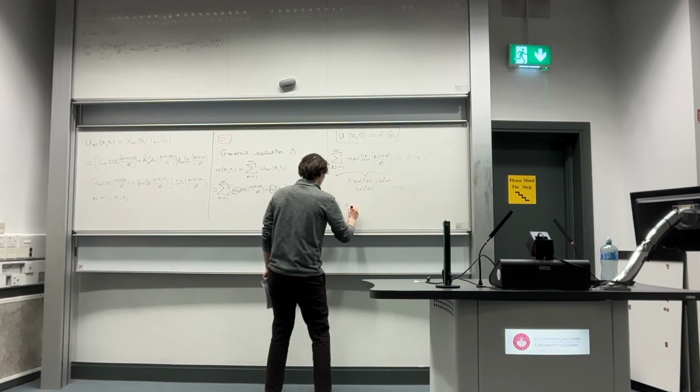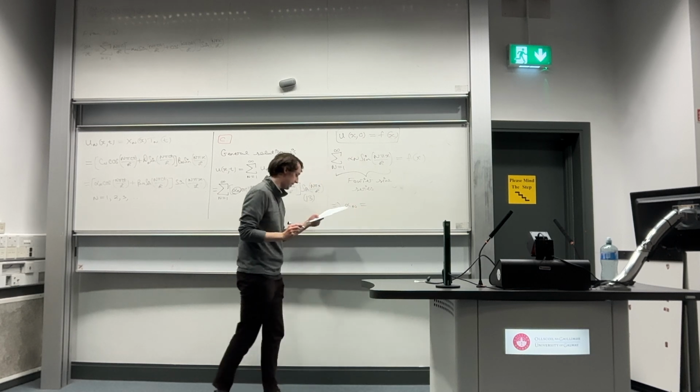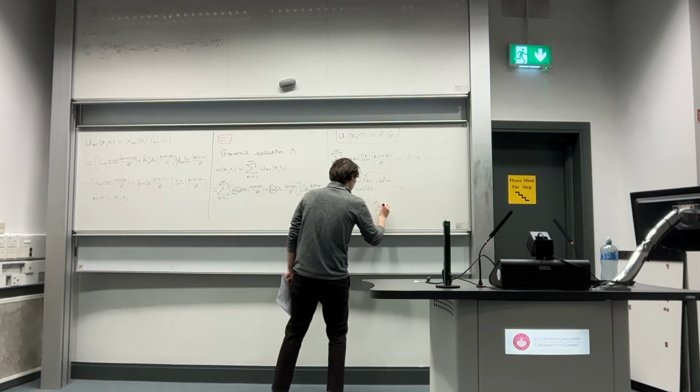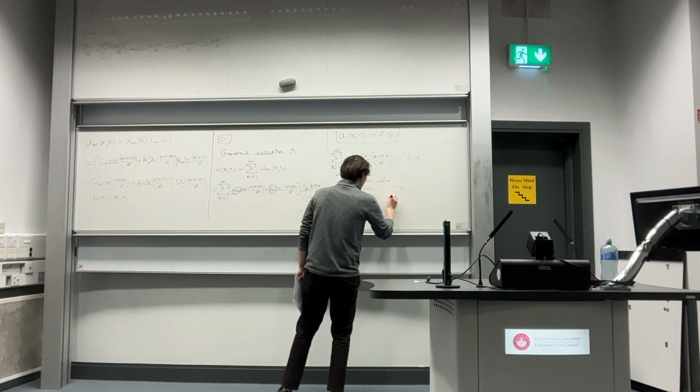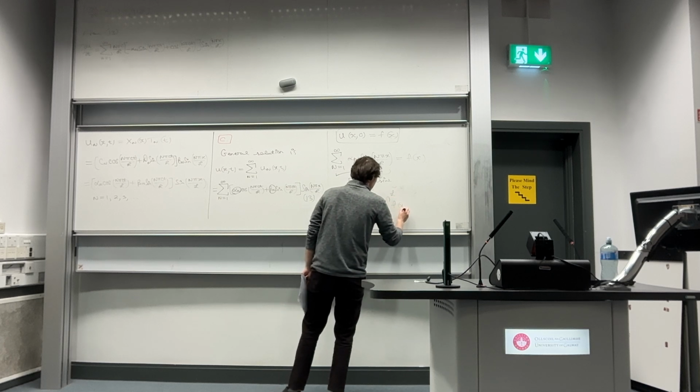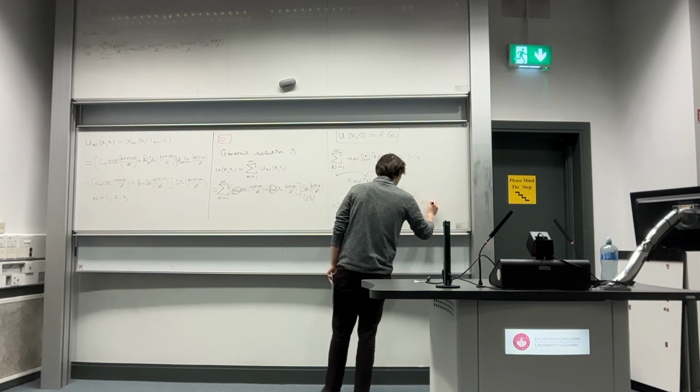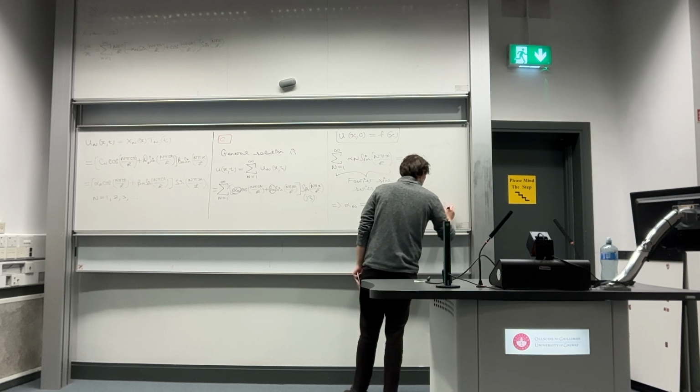And alpha_n in this case would be 2 over L times the integral from 0 to L of f of x bar times sine of n pi x bar divided by L, dx bar.